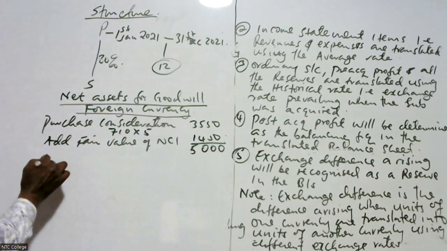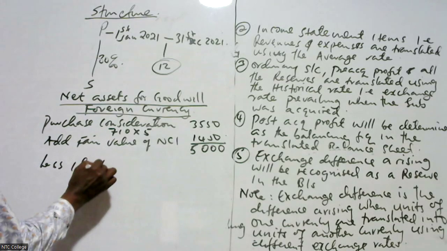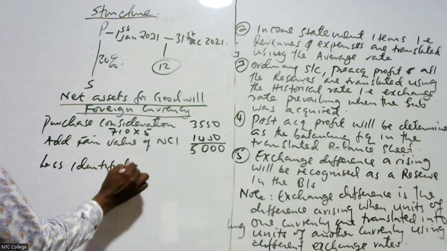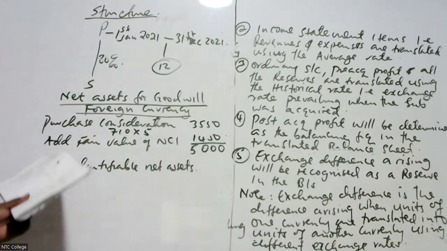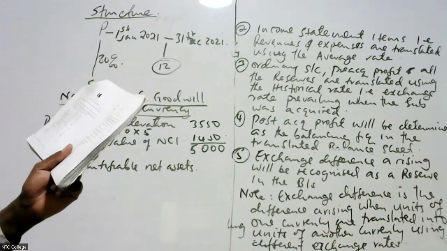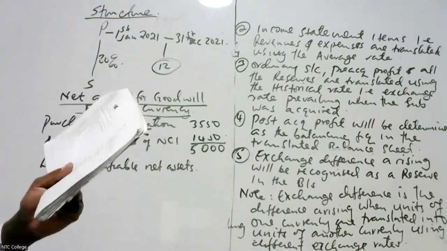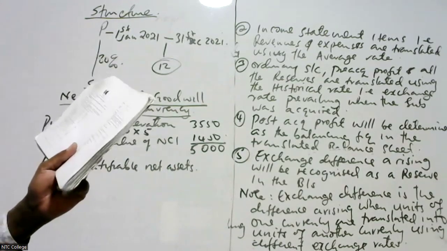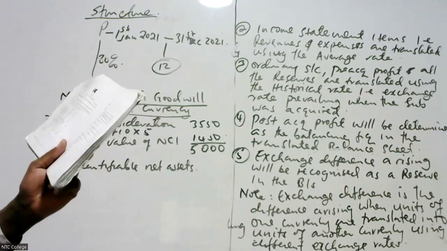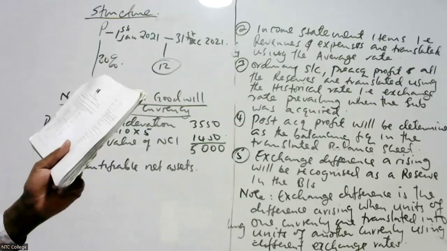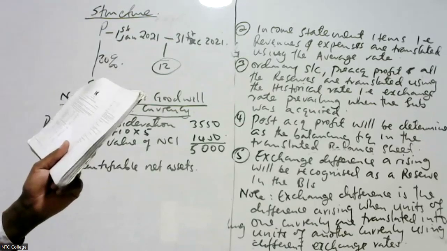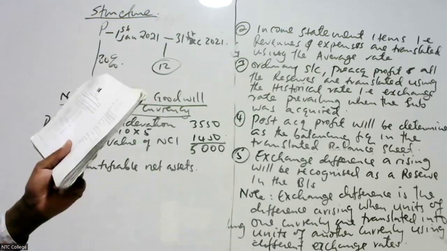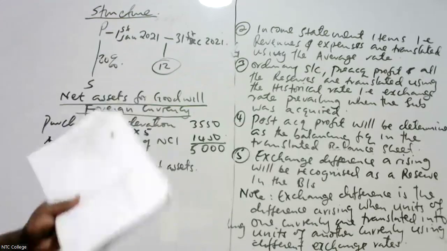Then I come to less identifiable net assets. The examiner in note number 2 gave me the identifiable net assets. As at the acquisition date, the carrying value of S Limited's net assets was FR 26 million, but the fair value was FR 32 million.